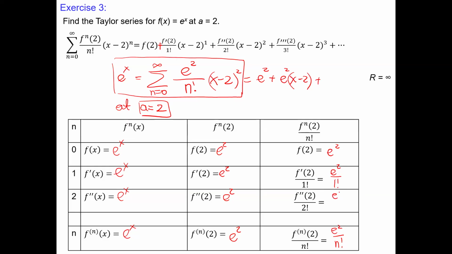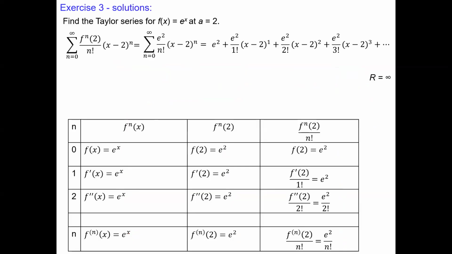And then the value of the second derivative, which is still the same, over 2 factorial and x minus 2 to the power of 2, and maybe one more term. Third derivative at 2 over 3 factorial and x minus 2 to the power of 3, and so on. Right? That means also let's make sure that you can expand each term. Okay. And that's the solution.